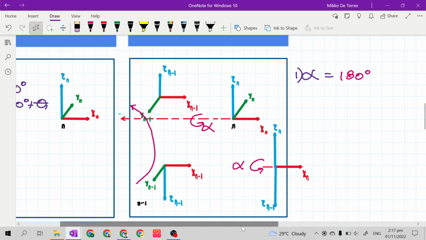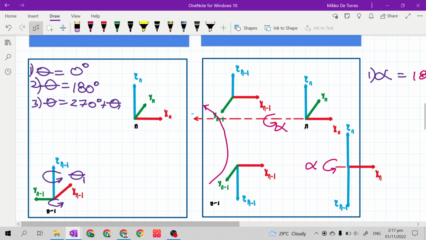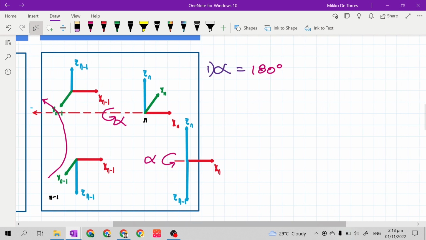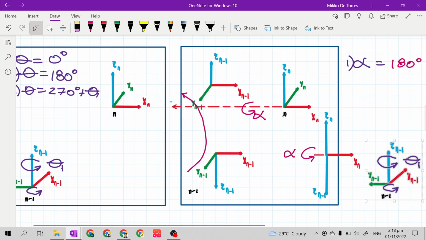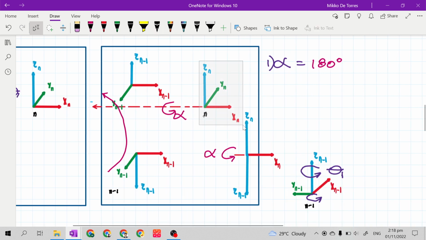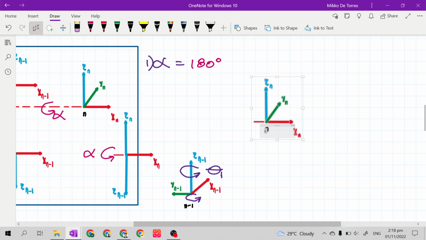So, another example. Let me take this example of theta. I will use this again as my frame n. This is my frame n, and this is my frame n minus 1.